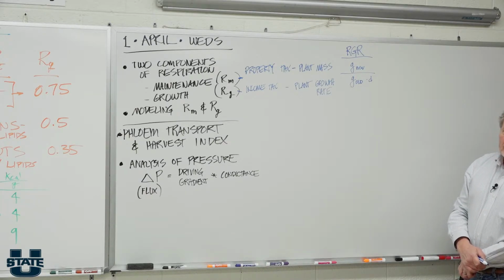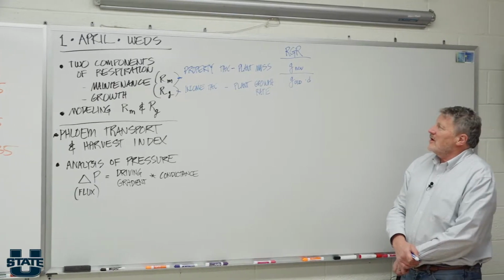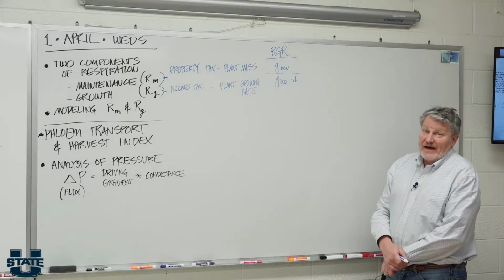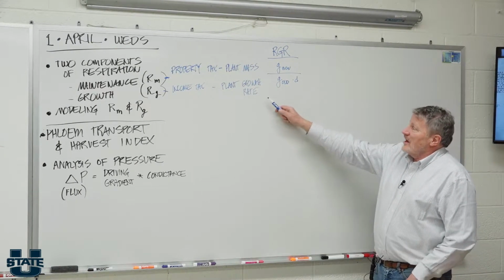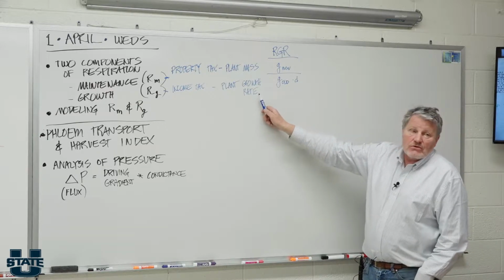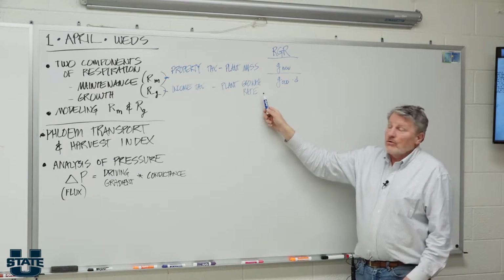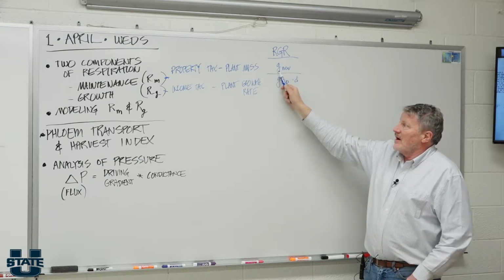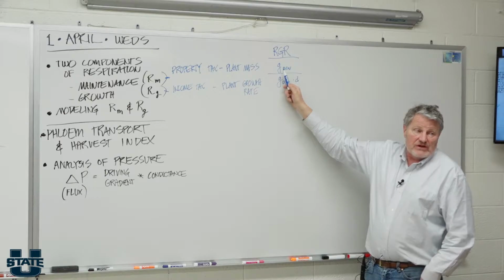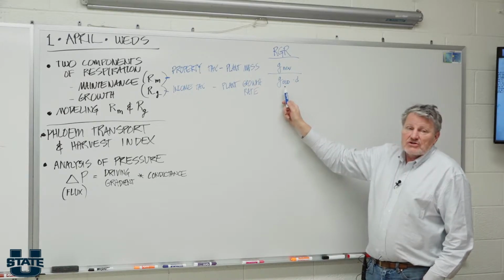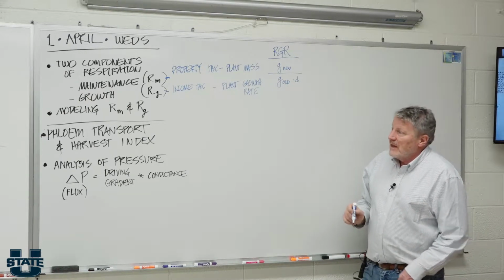So let's do that. We can take a young plant growing fast, which is going to have a lot of income tax or a lot of growth respiration, and an old plant growing slowly, which is going to have a lot of maintenance respiration, but not much growth respiration.